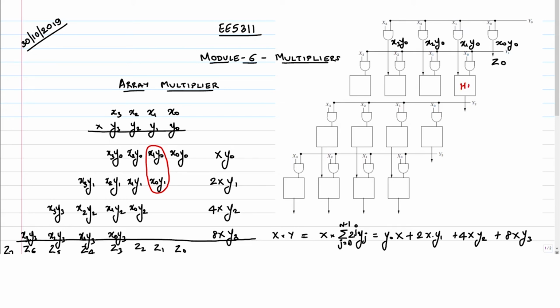What about the other adders on that same row? For example, you have to perform X2 Y0 and X1 Y1, this block. If you look at it, this is what we are performing here.